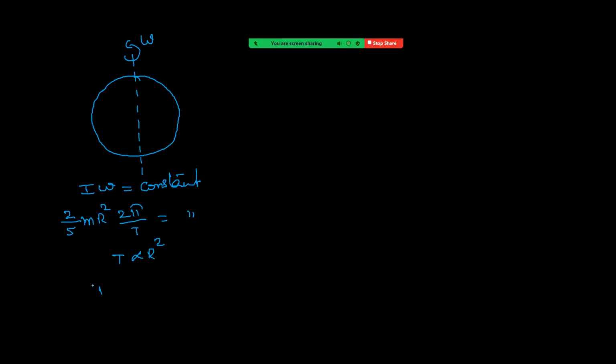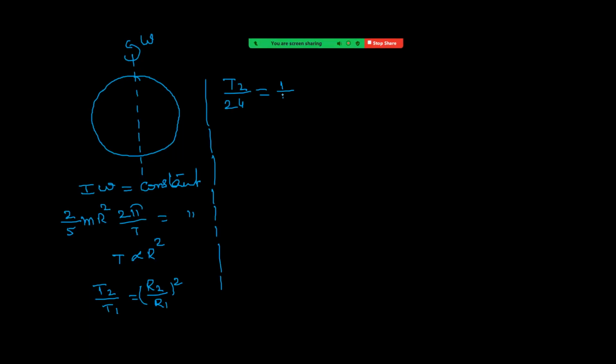Then we can write T2 by T1 is equal to R2 by R1 whole square. Now the initial time period of rotation is 24 hours. So T2 by 24 hours is equal to, if radius becomes half, R2 is R1 by 2.